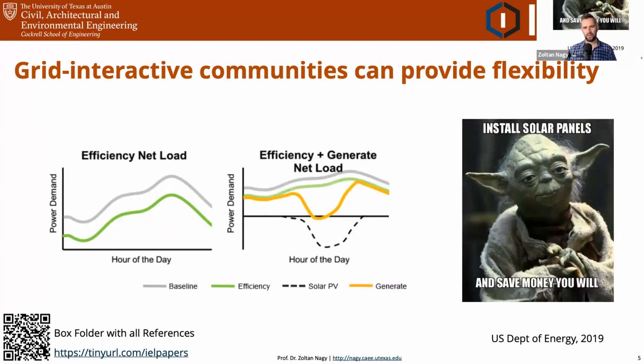The second part, like I said, is we can also generate on the buildings themselves, directly with solar. Sometimes this helps if your loads during the day line up with your generation. This is good, but again, especially in residential neighborhoods or residential buildings, your loads are not necessarily at peak during the day, but closer to the early evening when your solar is gone.